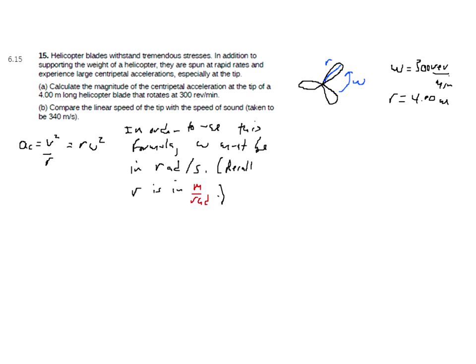So omega equals 300 revolutions per minute.